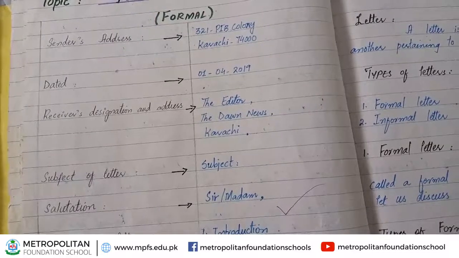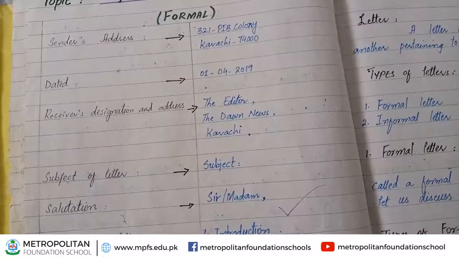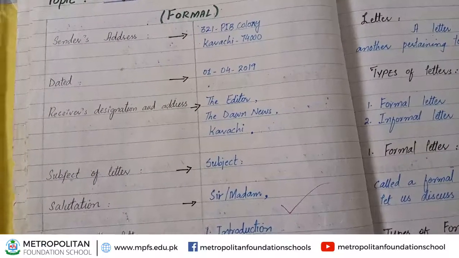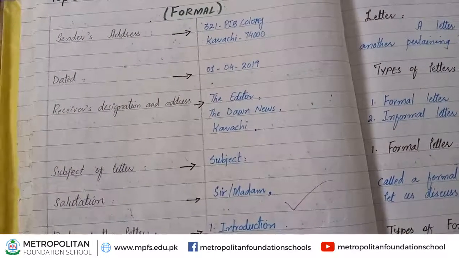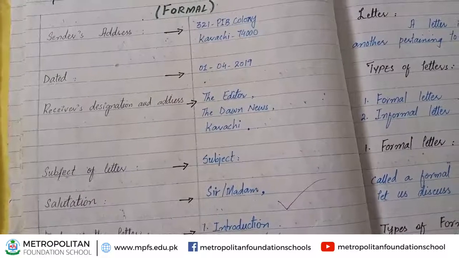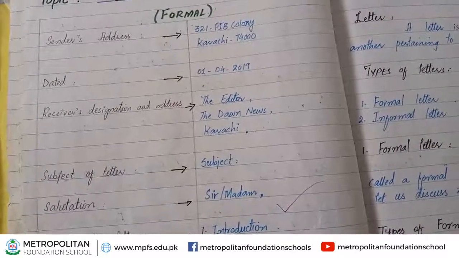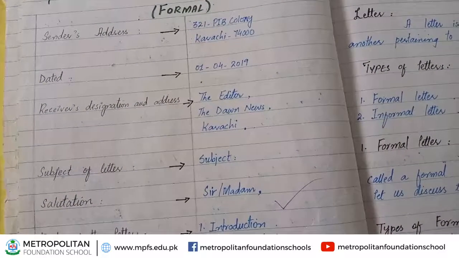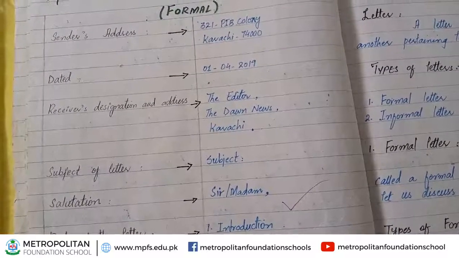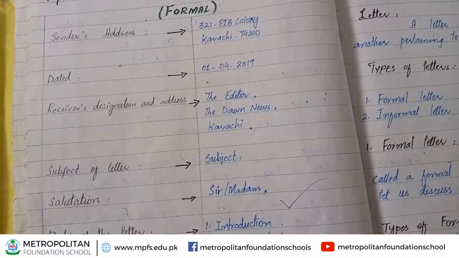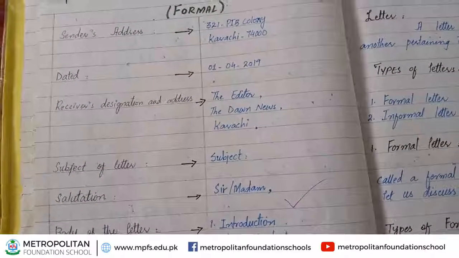And you can write the postal code, and don't forget to put a comma at the end of every line of the address. Okay, when you come to the last line, then put a full stop. In the last line we will put the full stop on it.